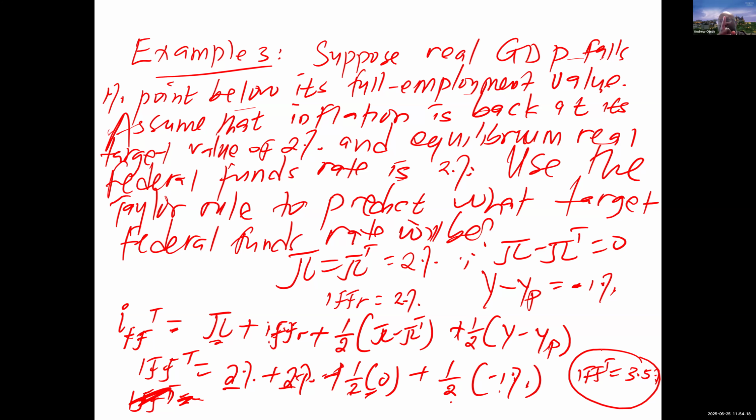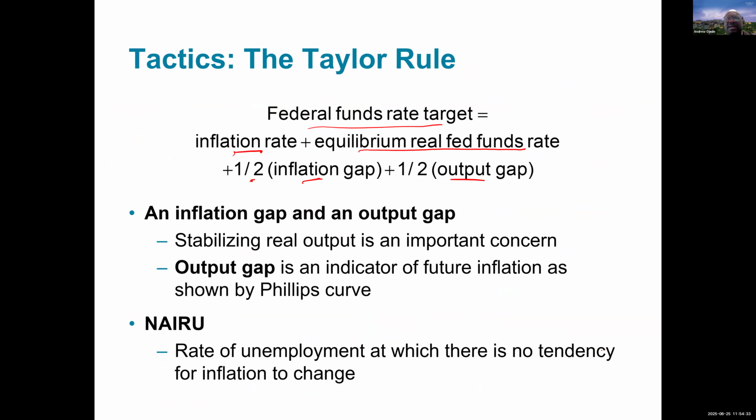But if inflation rises 1 percentage point above the Fed's target of 2%, then the Fed should increase the federal funds rate target by 1.5%, or 150 basis points, from 4% to 5.5%. So even though the Fed assigns equal weight to the inflation gap and output gap, its policy looks more sensitive to inflation than to the output gap.